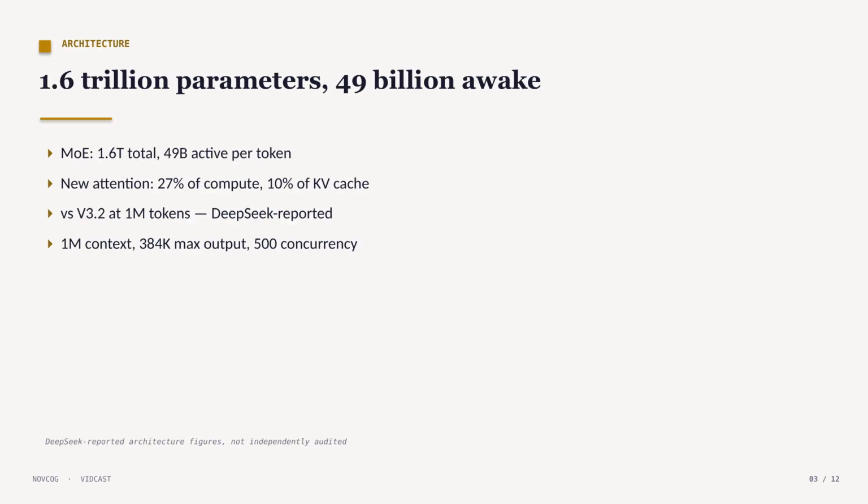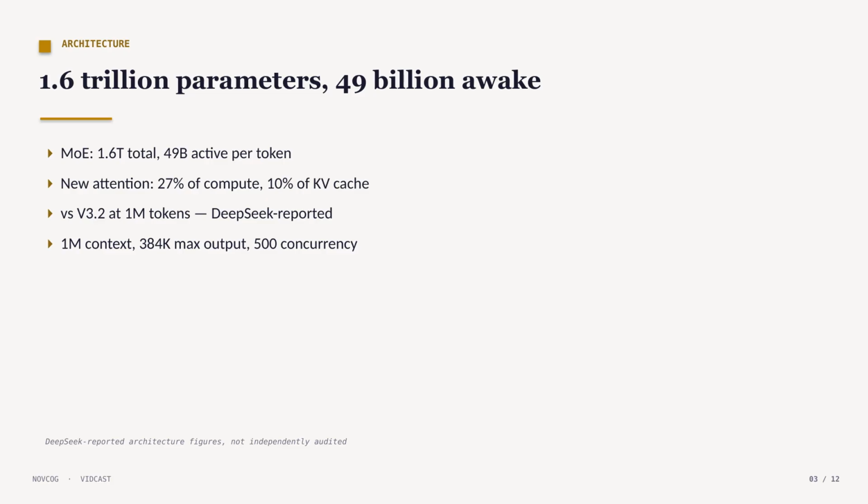So what did DeepSeek build for that money? The architecture numbers are widely repeated but not independently audited, so attribute them to DeepSeek. The company reports a mixture of experts design, 1.6 trillion total parameters, 49 billion active per token.